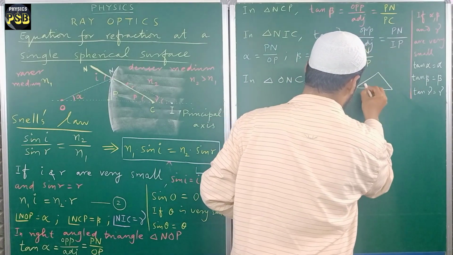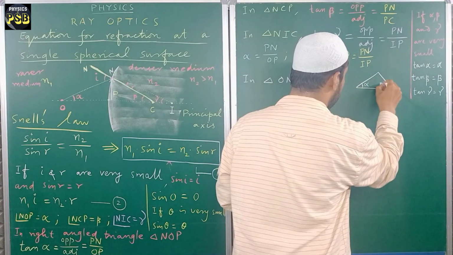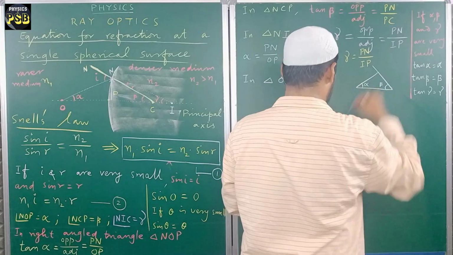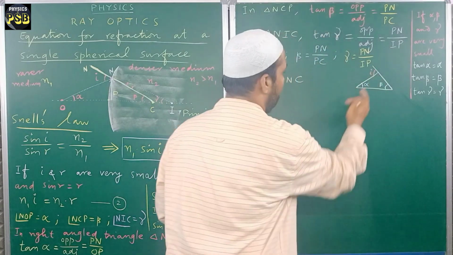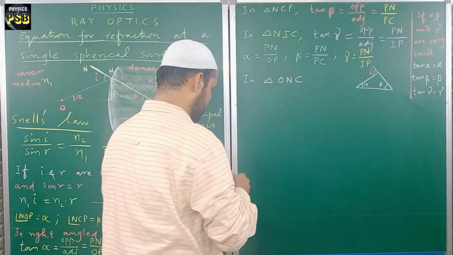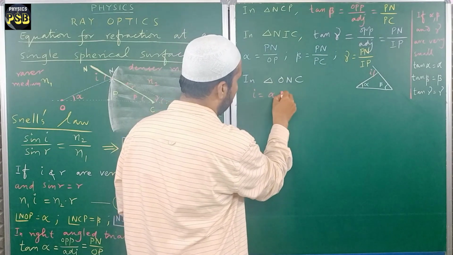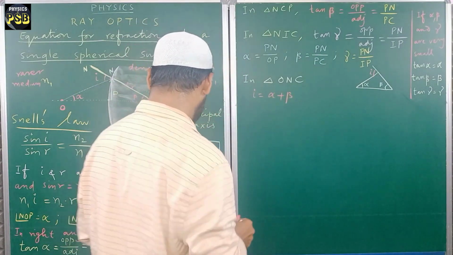Here I have alpha, here it is beta, and here the angle is I. So if you add these two, you will get I. So I write I is equal to alpha plus beta. This is taken as equation number 3.